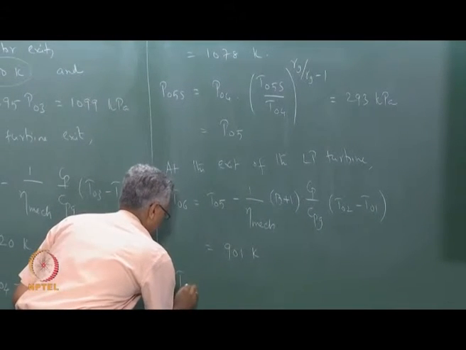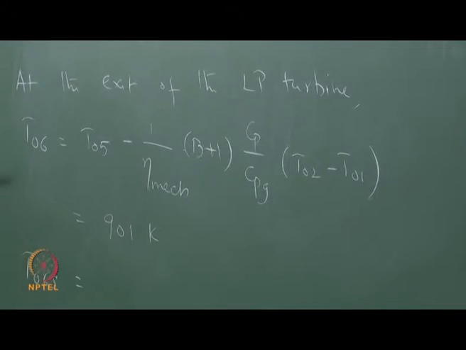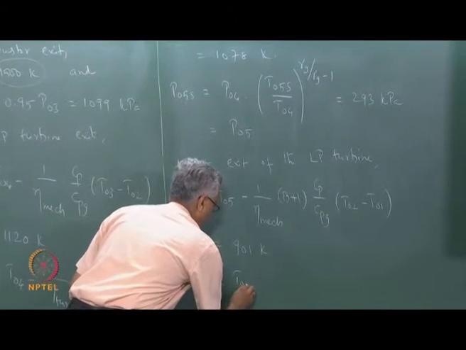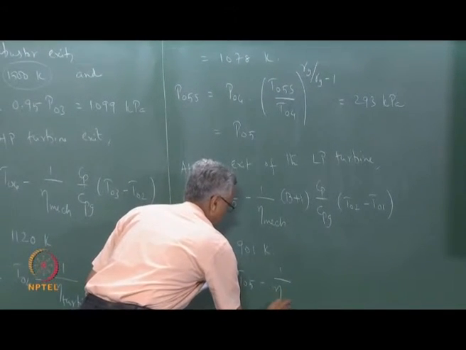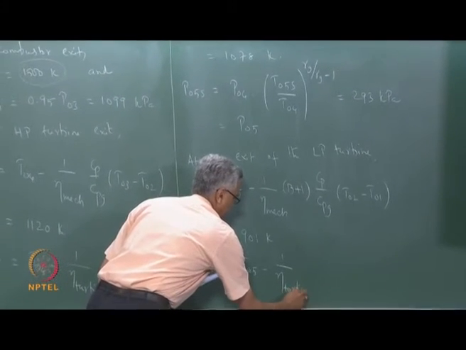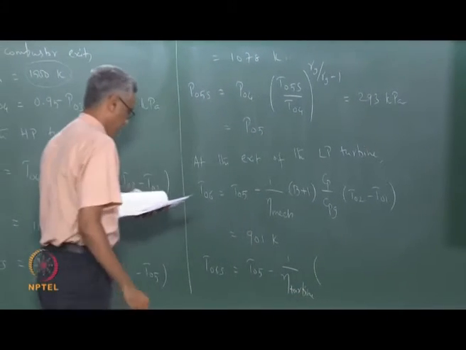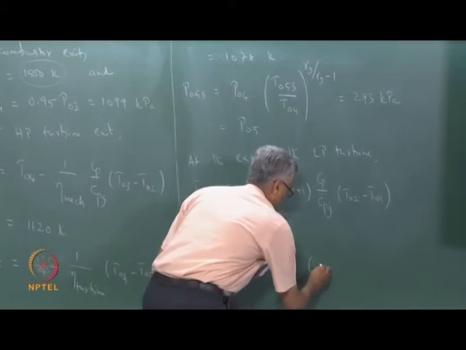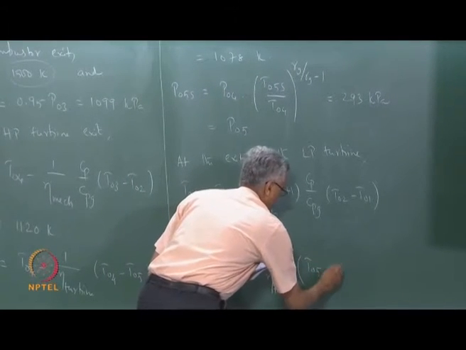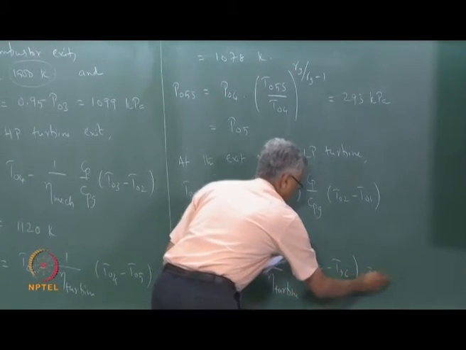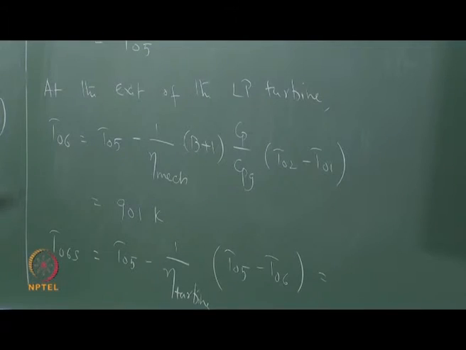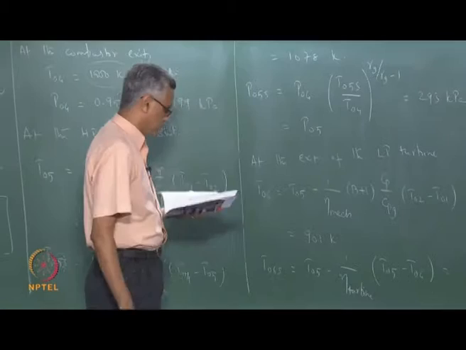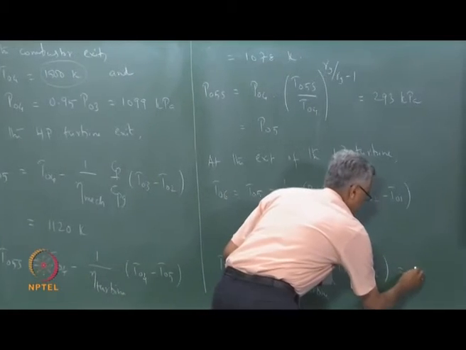So T06S is equal to T05 minus 1 over eta turbine times T05 minus T06. So this is the definition of the isentropic efficiency of the LP turbine, and if you substitute the numbers, you get this to be 877 Kelvin.